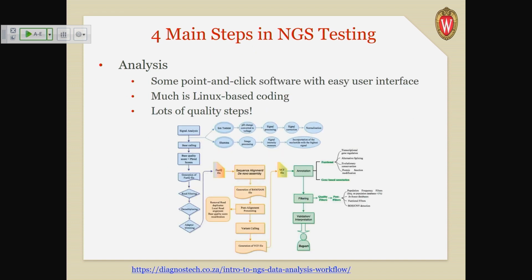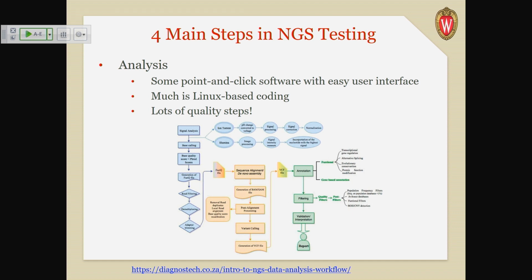So the actual analysis-wise, there are some commercially available point-and-click software where a dummy like me can do a point-and-click to analyze whole genome sequencing. But a lot of it is really bioinformatics heavy Linux-based coding where specific skill sets, specific experts are needed for this. We've gone from having one bioinformatician in 2017, 18, 19 to now we have a team of 6 that are doing this.